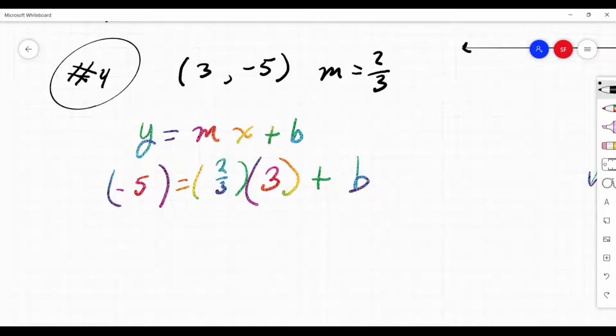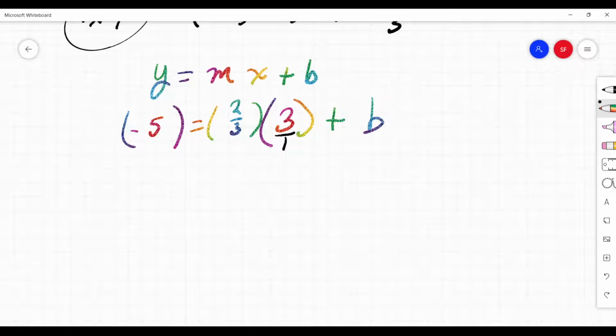Okay, so now what? Multiply the like terms. What you mean is correct. So what's 2/3 times 3? 2. Wait, how is that 2? Because the 3's cancel out. Oh, right. 2.